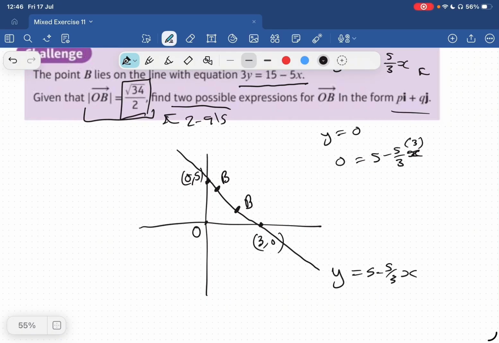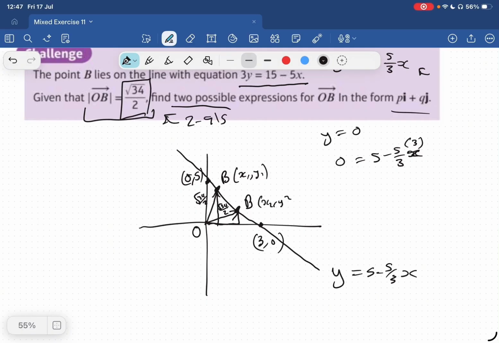So we've got O to B. Let's draw out that vector, O to B, and we know that length is square root of 34 over 2. What you can see here is I've drawn two triangles. This B coordinate is our x1, y1, and the other B coordinate is x2, y2.